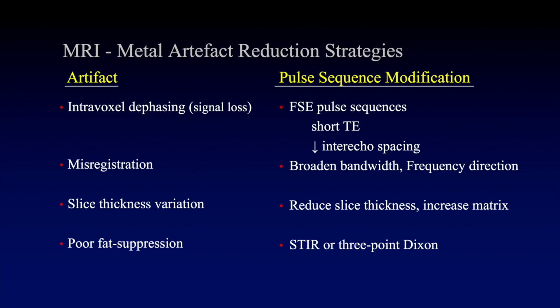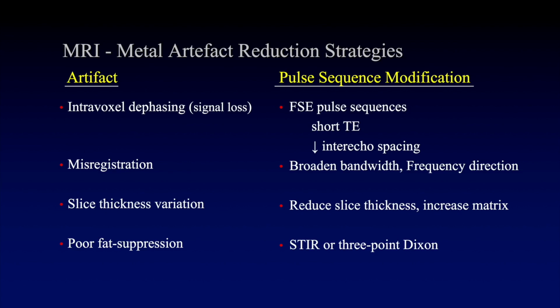So, one of the big problems and the reasons why MR really hasn't been utilized over time in assessment of hip arthroplasties and other arthroplasties, including total knee arthroplasties, etc., is related to the metal artifacts that are seen with these bulk orthopedic devices.